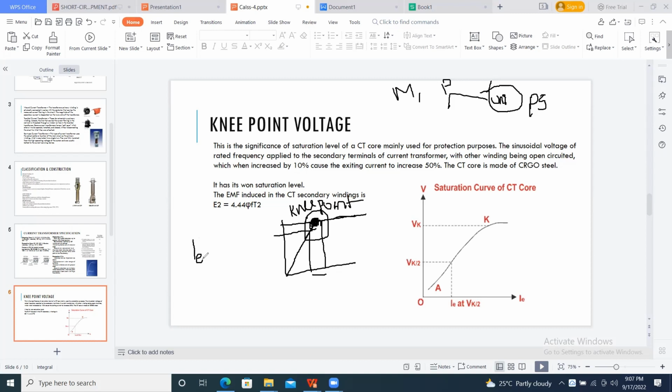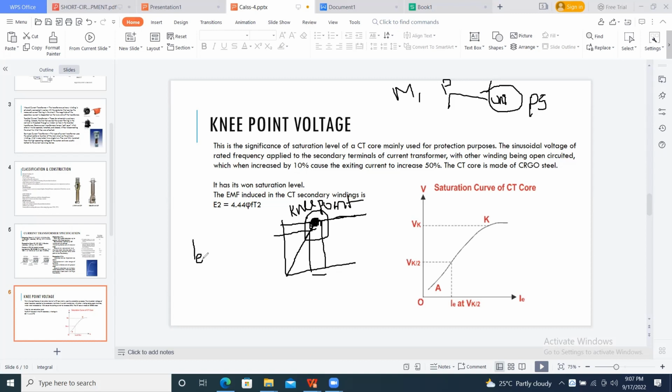After a certain value of that excitation current, flux will not increase so rapidly, as you can see, with the increase in the excitation current. What we discussed before, because after some primary current, the flux reaches its maximum flux density, the flux cannot change, so it will not impact the flow in the secondary side of the CT.